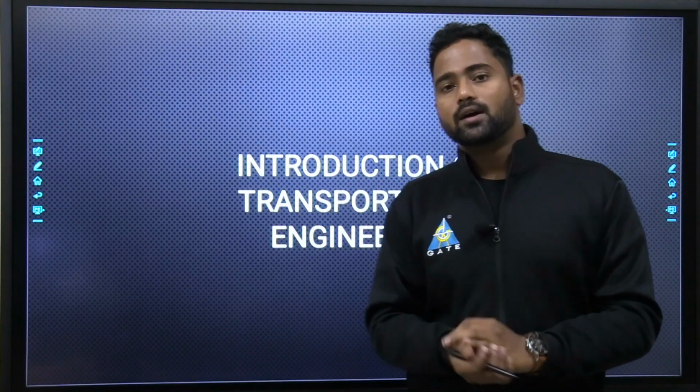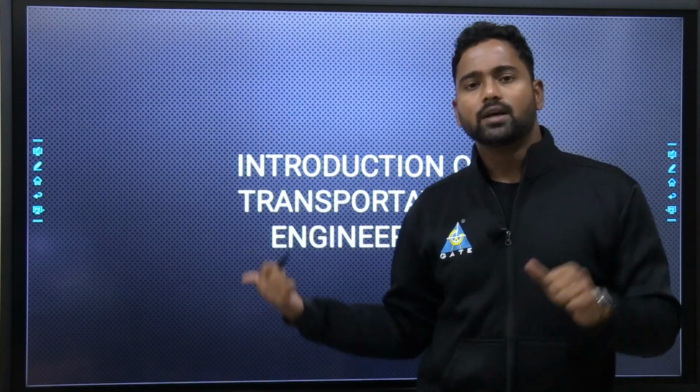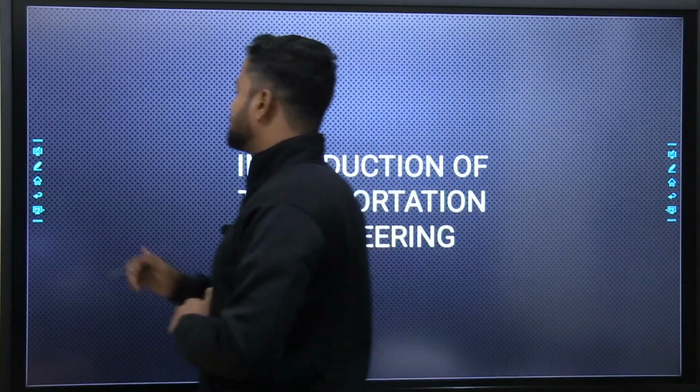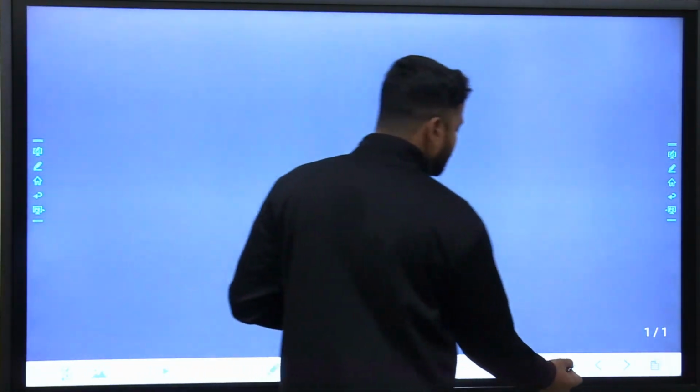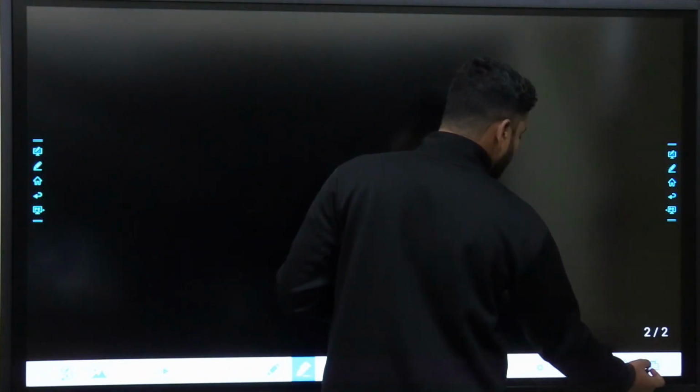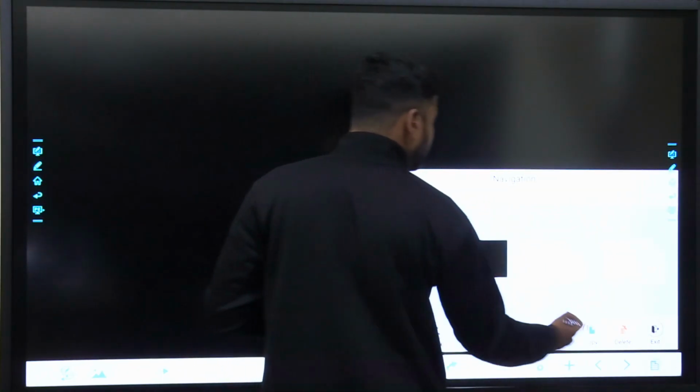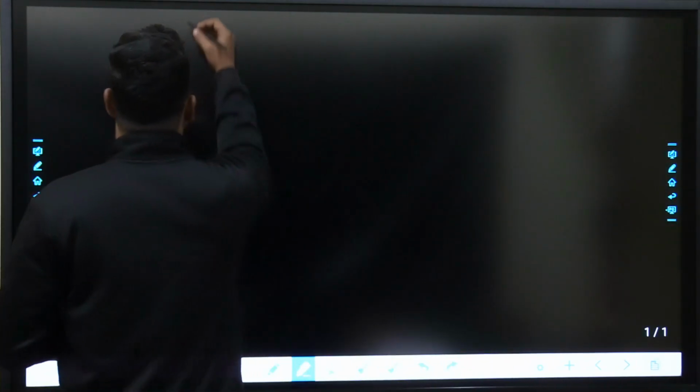This is transportation engineering. Generally, the weightage of transportation engineering from the GATE point of view is somewhere around 6 to 8 marks.